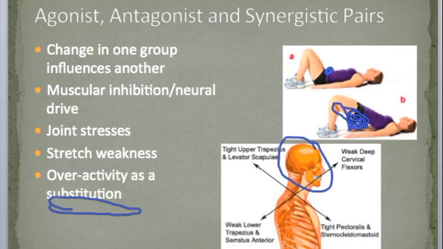But the better that a body segment does at stabilizing with surrounding musculature, the less stress there is on a joint. So the better off you are with having good deep cervical flexors and nice relaxed and well-positioned upper traps and levator scapulae, your head sits in a better position and therefore you have less stress and strain on those joints.